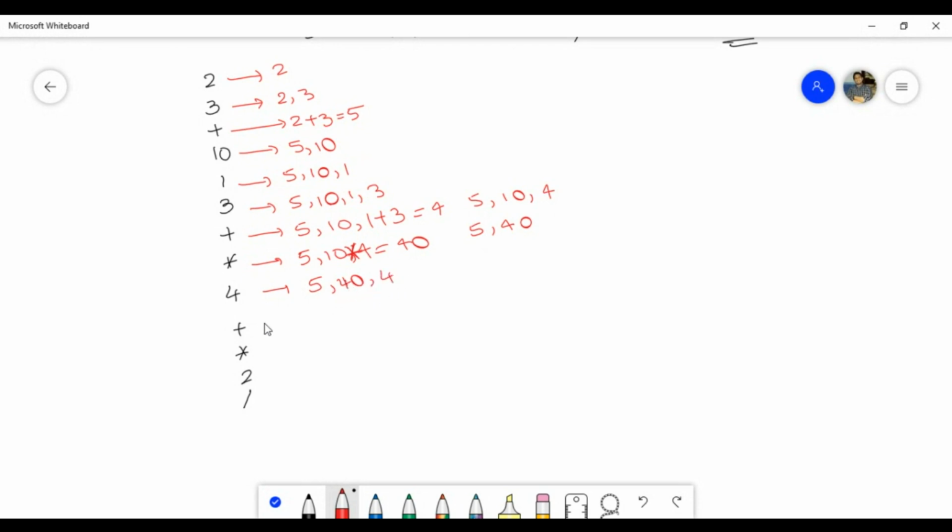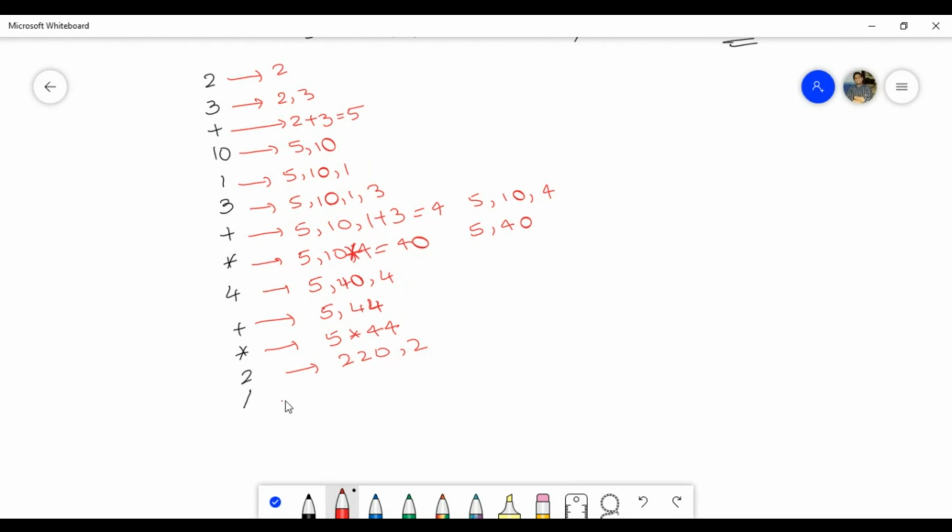Then 5 comma 40 comma 4, so it will be 5 comma 44. This plus will pop, so 44, 5 cross 44 becomes 220.